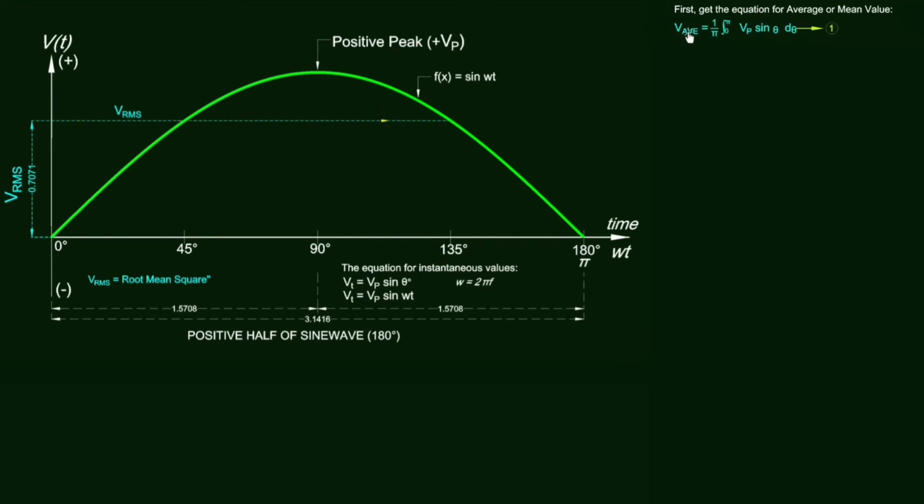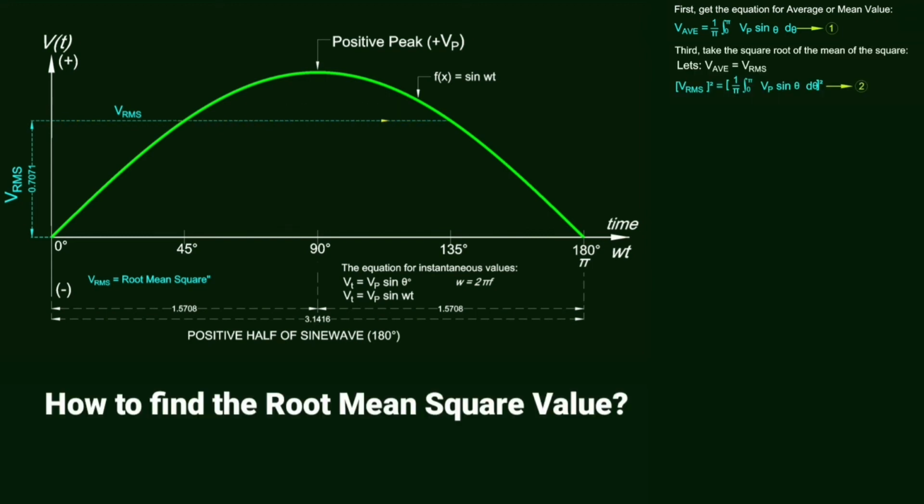The average value is equal to the integral of the peak voltage times the function of sine theta d theta, divided by pi, the radian value below the curve or half cycle. Consider this as equation number 1. The root mean square is defined as the square root of the mean of the square. Now, do the integration to get the value.